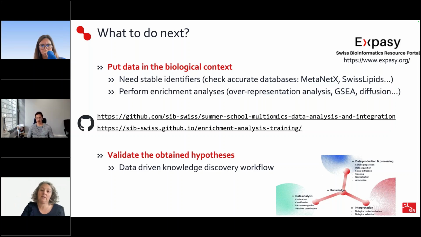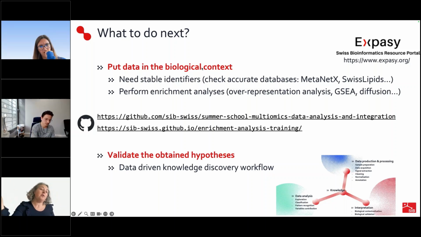If you need some more material, you can have a look at our GitHub, the training GitHub from the SIB, to help you put the results into the biological context.